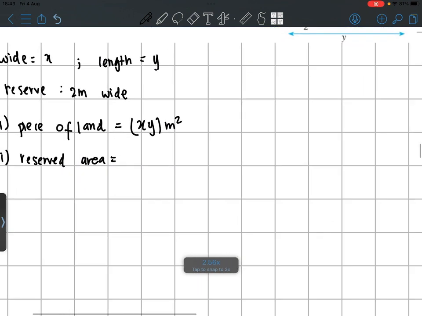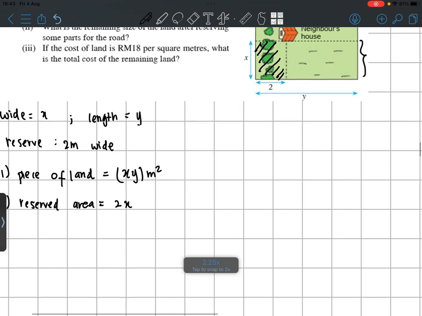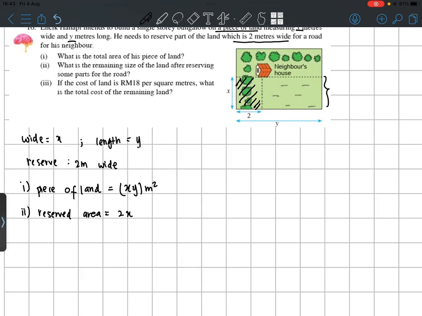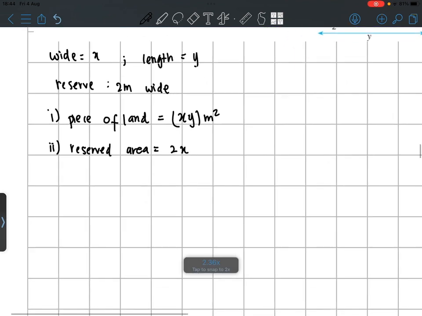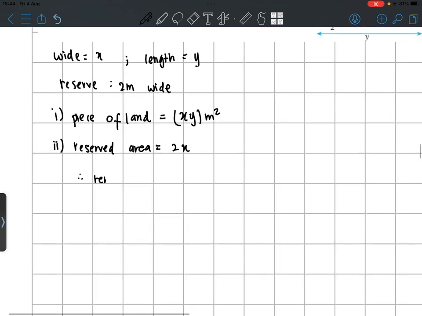The width is 2, so x times 2, so 2x. So this area is 2x. Hence the remaining region is xy minus 2x.